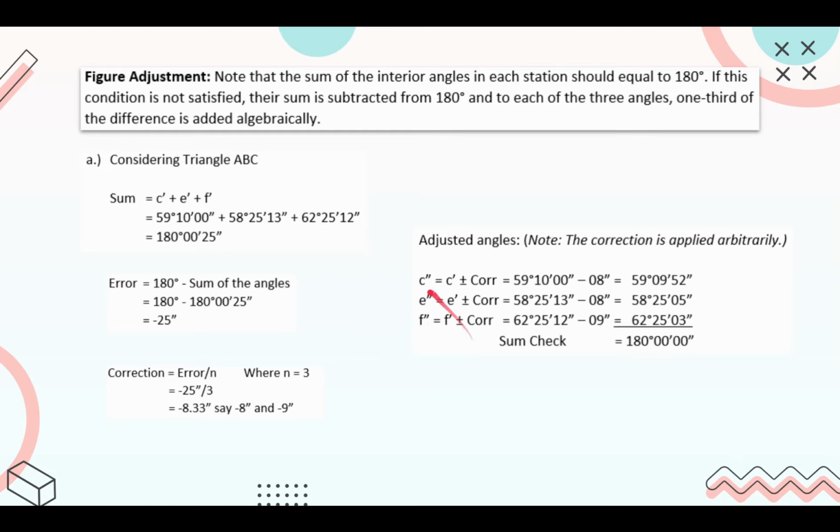As you can see, C double prime and E double prime used negative 8 seconds as the correction and F double prime used negative 9 seconds.